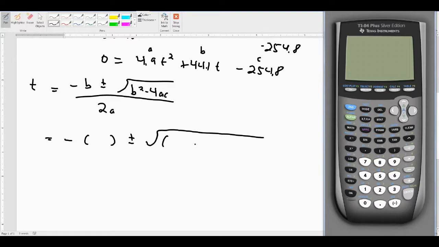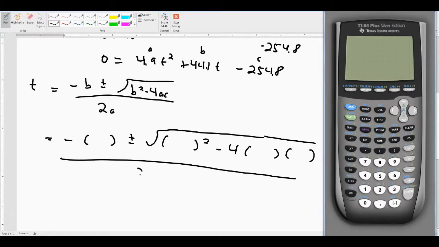Well, b squared minus 4ac. And this is all over 2a. Now we're going to throw in our b, which is 44.1. It goes there.